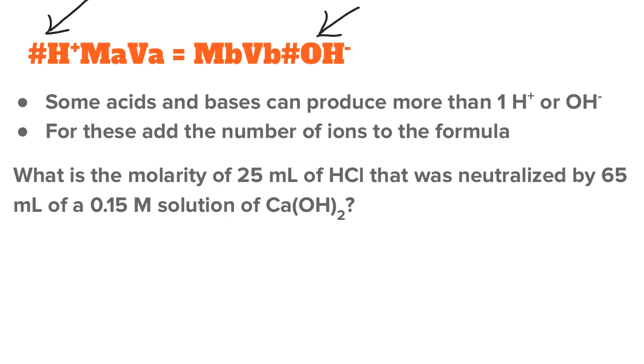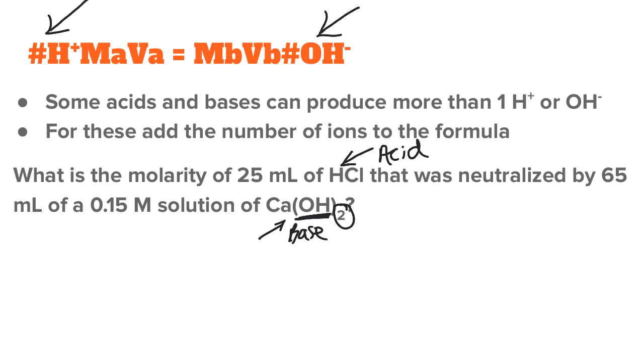What is the molarity of 25 milliliters of HCl, hydrochloric acid? We know that this is the acid because it starts with H. That was neutralized by 65 milliliters of a 0.15 molar solution of calcium hydroxide. We've got hydroxide there, so we know that is the base. But look at our base.